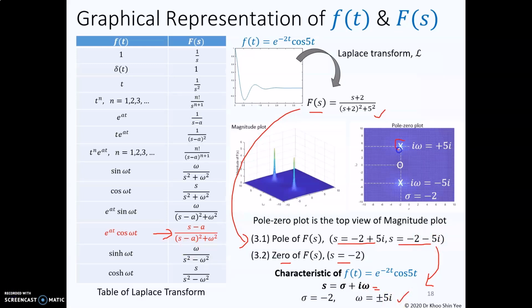With that, you can plot your poles located at sigma equal to negative 2, at i omega equal to 5i and negative 5i. Lastly, for your zero, when you compare to sigma plus i omega, negative 2 will be equal to your sigma when you compare the real part. When you compare the imaginary part, omega equals 0. So you can draw the zero.